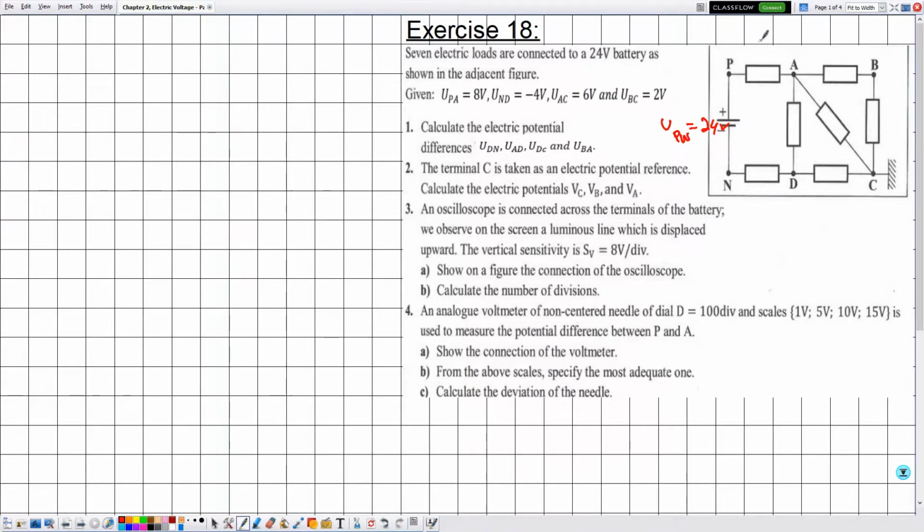Now, given that UPA is equal to 8 volts, and UND is equal to minus 4 volts, UAC is equal to 6 volts, and UBC is equal to 2 volts.